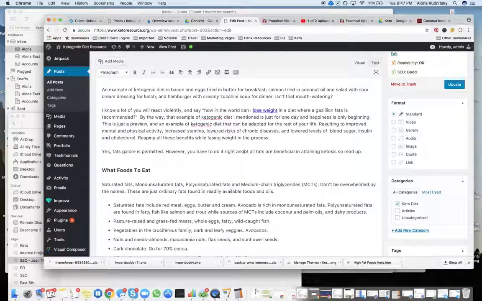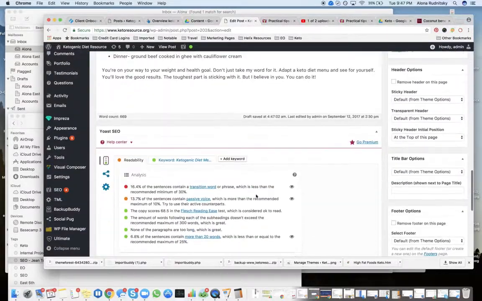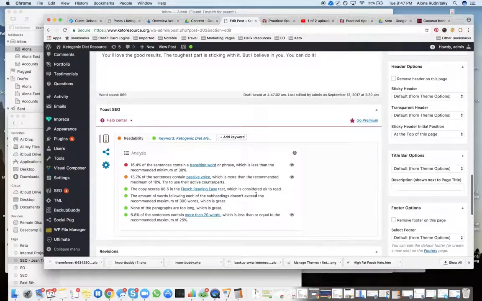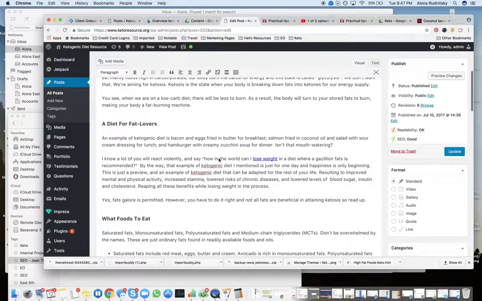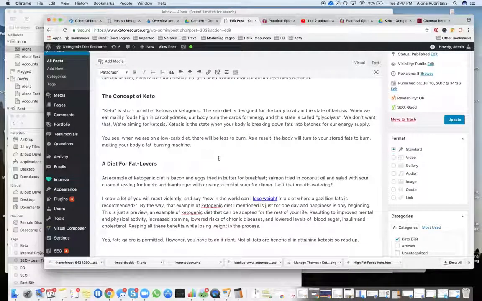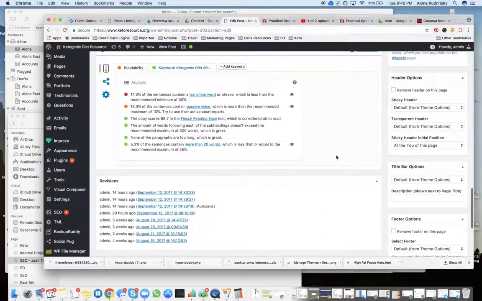Let's make this: and not all fats are beneficial to ketosis, so read up. Oh man, we went down. I think it's because I'm breaking sentences. So now it wants the happiness, and the happiness is only the beginning. Let's see, does that go up? Yep, 17.3.